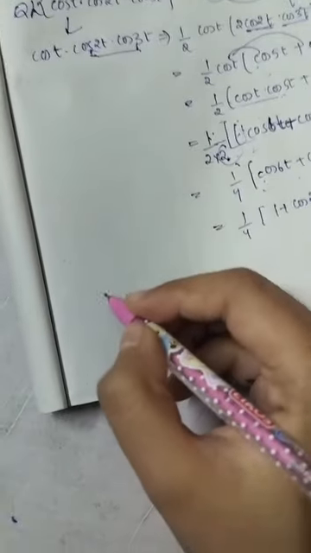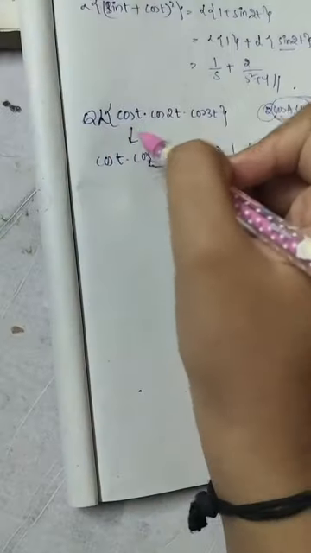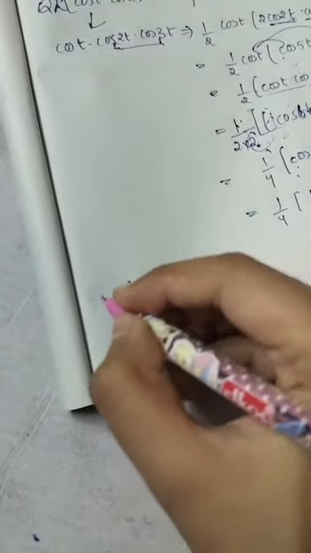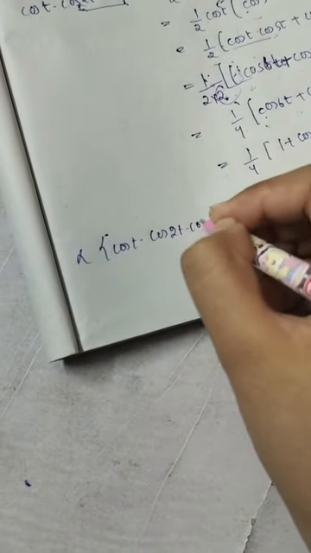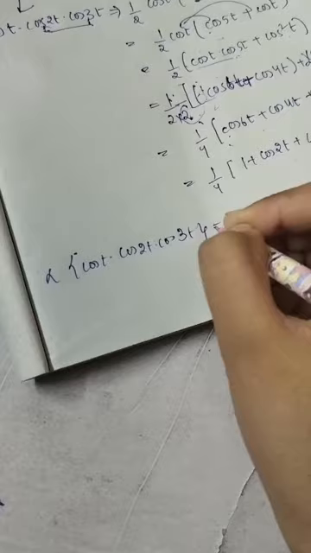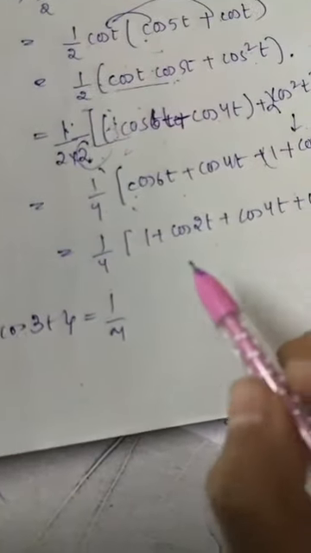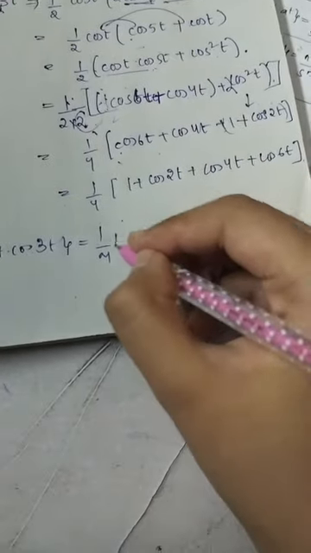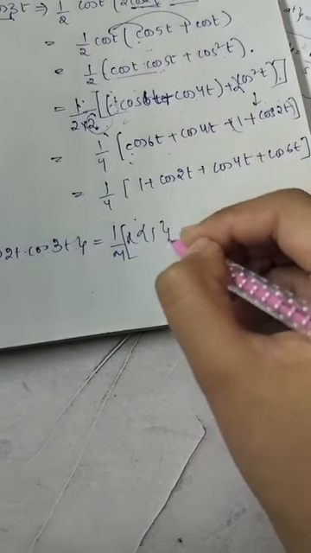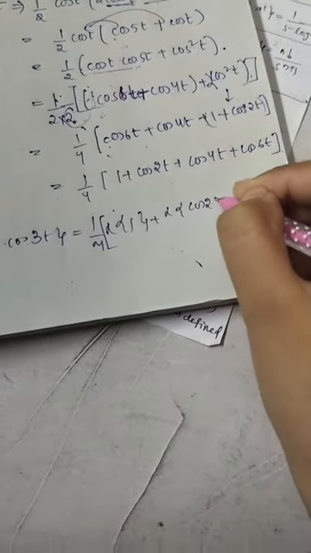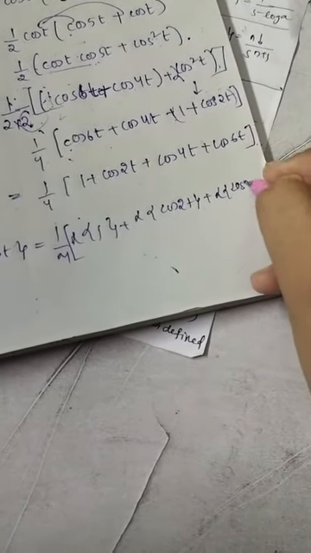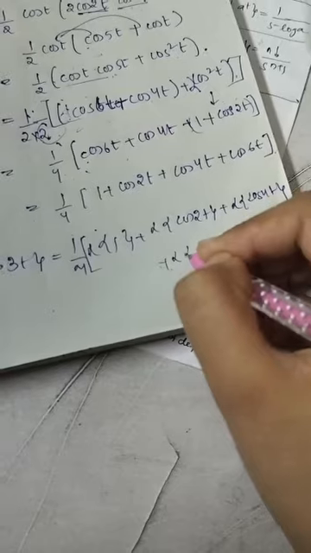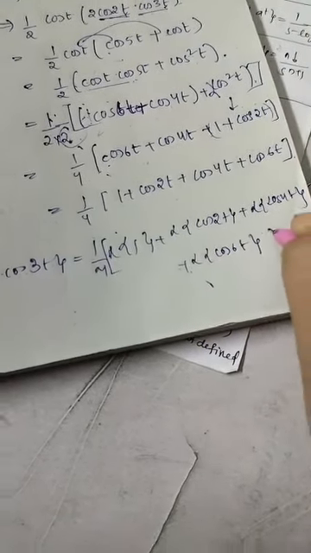Now let's see the Laplace transform of the whole part. Laplace transform of cos t into cos 2t into cos 3t is equal to 1 by 4th of, now I am writing it in an individual format, Laplace transform of 1 plus Laplace transform of cos 2t plus Laplace transform of cos 4t plus Laplace transform of cos 6t.